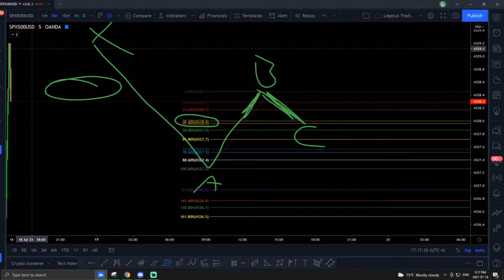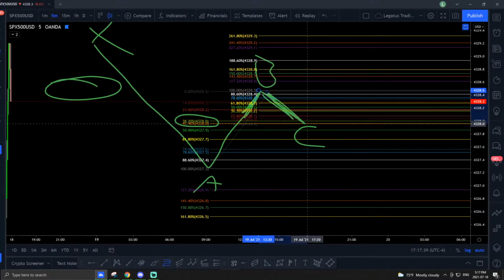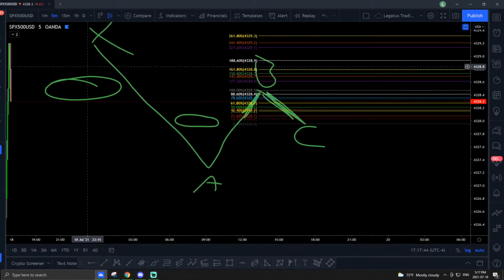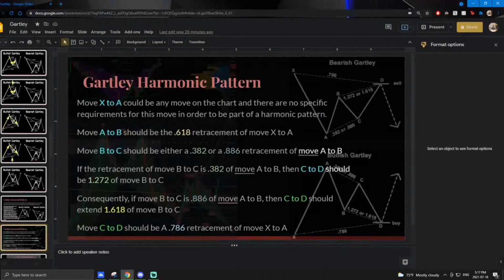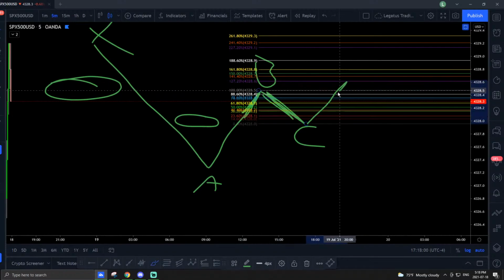What we would do is measure the X to A move to get our 78.6, which we'll go into in a second. But essentially what we want to go over is the fact that we would be looking for a 1.272 move for this D leg right here to complete everything.